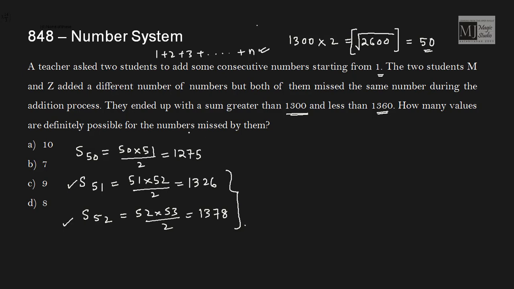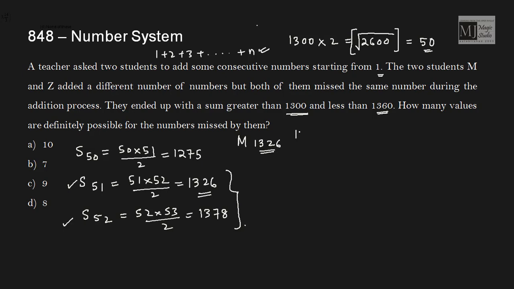And how? Let us talk about student M, who has added a few numbers and given some total between 1300 to 1360. He was supposed to give total 1326, isn't it? M was supposed to give me the total of 1326, but he has given any number below this.